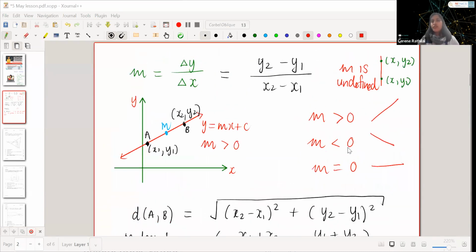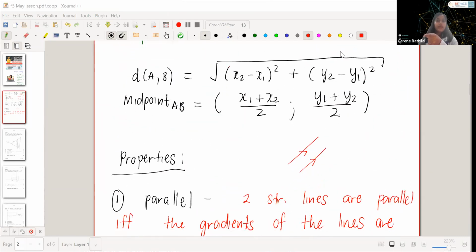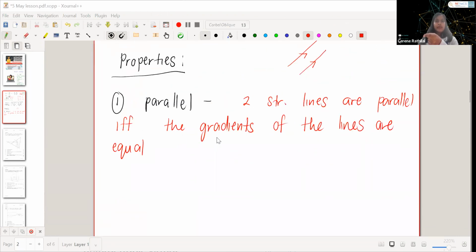But we have looked at a few cases here. The line could rise, it could fall, could be horizontal, and it could be vertical. And when it's vertical, the gradient is undefined. So when the gradient is undefined, it certainly is not considered in this case. So we could add to this definition to make it more concrete.